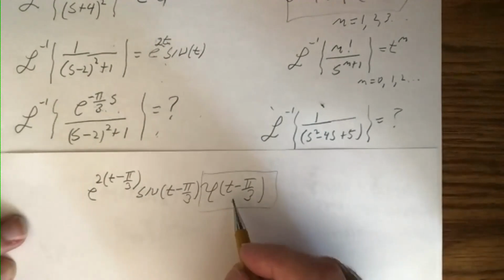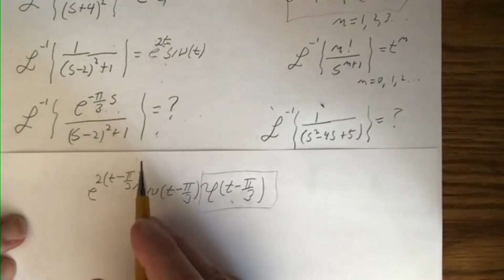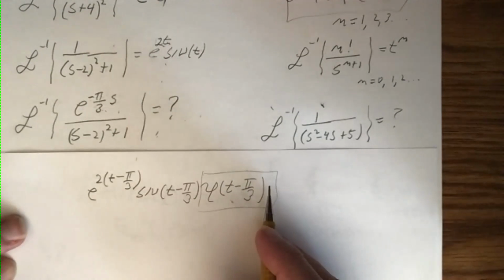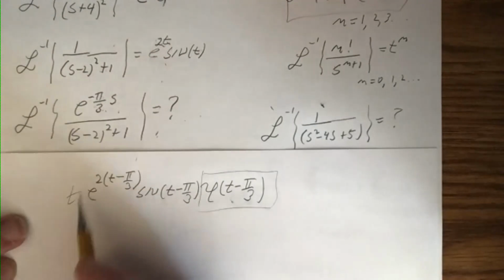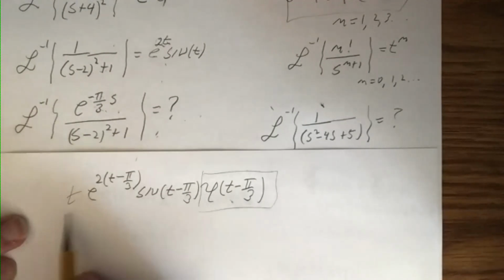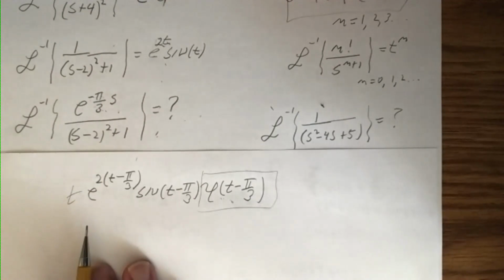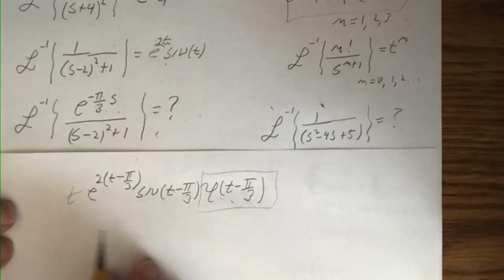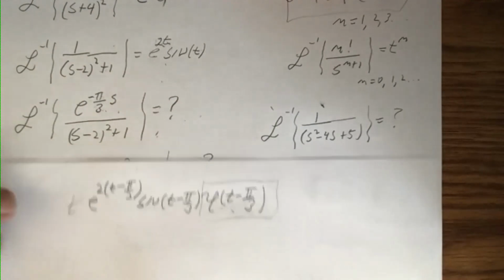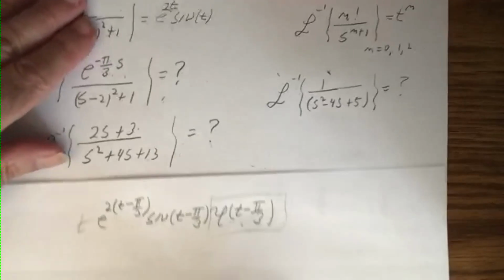Every place you have a t, if this was even more complicated, maybe you had another t here, you have to shift that t. So every place you have a t, you have to shift it, and then you have to multiply by the unit step function.